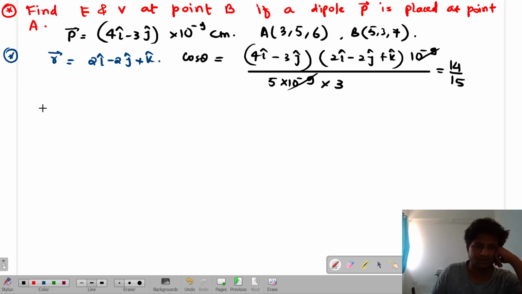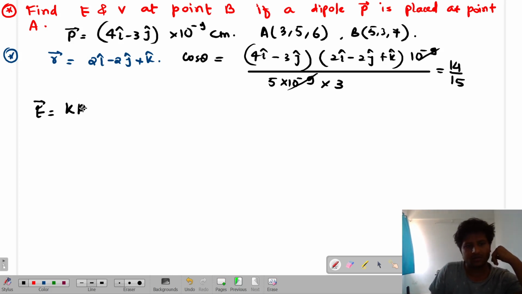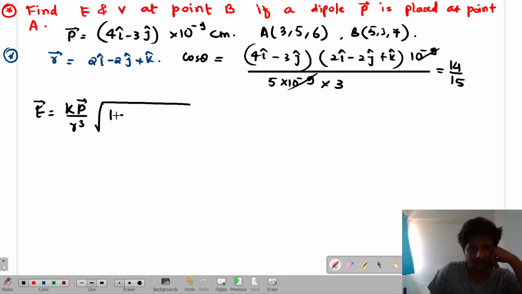It's all simple. So electric field vector is what? E is equal to Kp vector by R cube into 1 plus 3 cos square theta, isn't it? So apply this formula, you will get the answer.